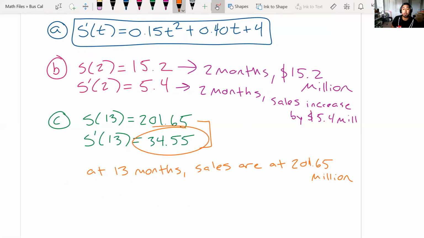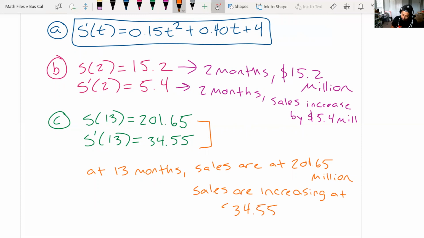And since this number is positive from the derivative, we can also say at 13 months, sales are increasing at $34.55 million per month.